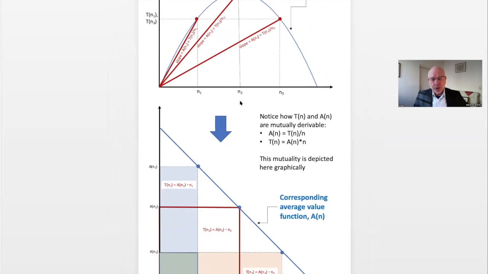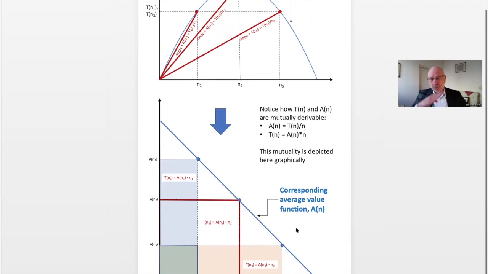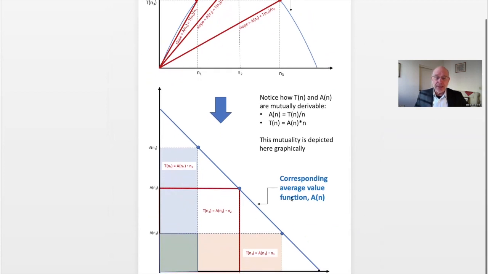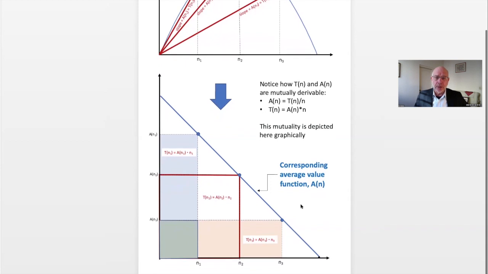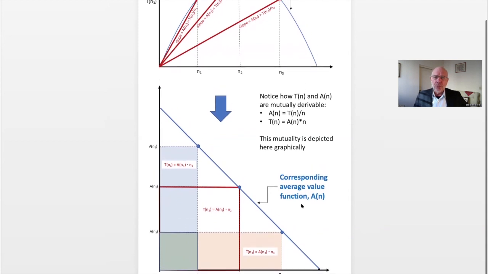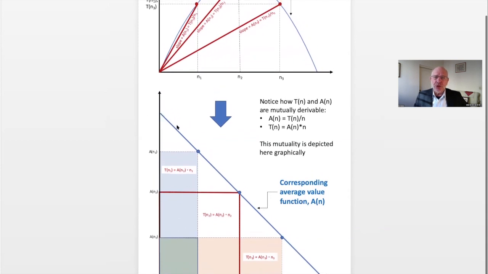And so that's what we show down here. We have this blue line that runs down, and in this case, it happens to run down in a linear manner. That just reflects the nature of the total demand, the total value function from which it's derived. So this is the corresponding average value function.